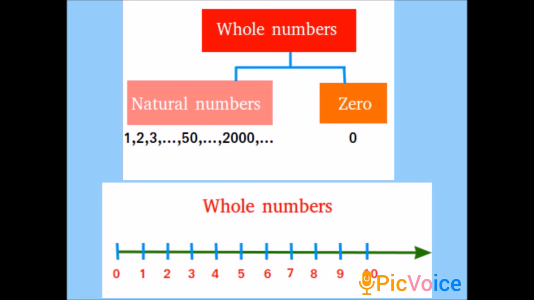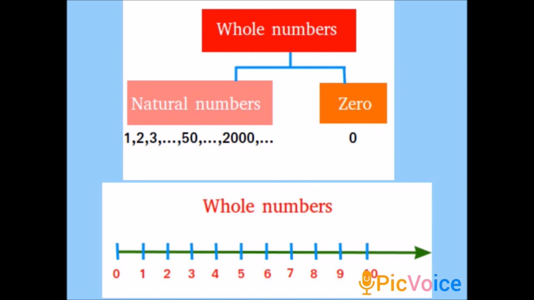You are seeing the number line representation of whole numbers. To represent the whole numbers, we take a ray because a ray has one end point and the other side extends endlessly. Similarly, whole numbers start from 0 and extend on the other side endlessly. That's why for denoting the natural numbers and whole numbers, we take the ray as a number line.